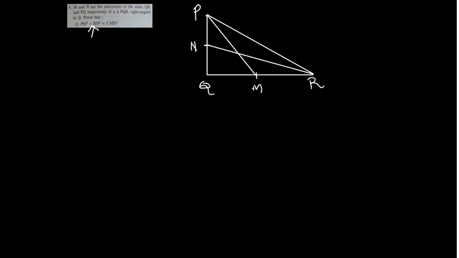And now you can join MN. Then you can write MN squared equal to NQ squared plus QM squared. All right. So these three we can get from three right angle triangles.